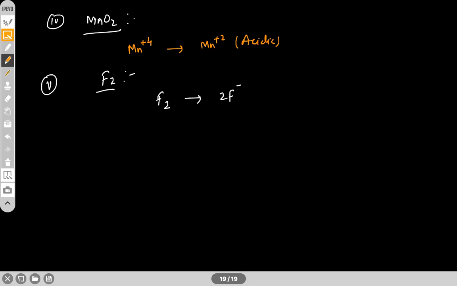Now the last thing here, that is disproportionation reaction.